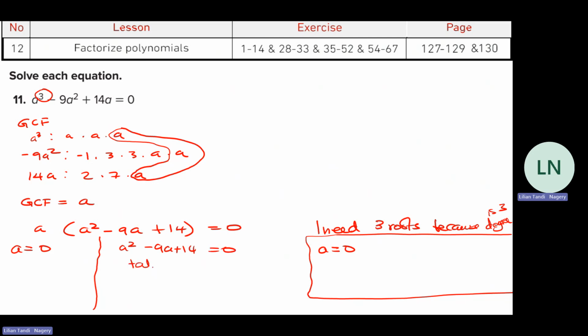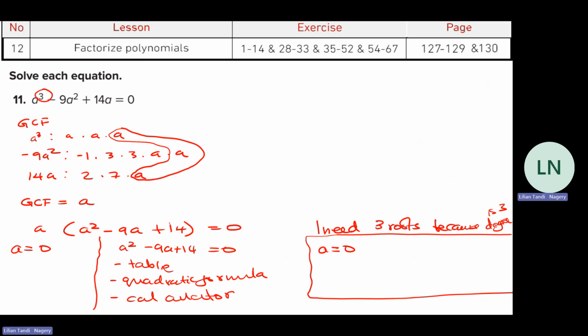You're going to do table, you're going to do quadratic formula, you're going to do calculator, whichever you want. You should do 2 of these to confirm your answer. Okay?